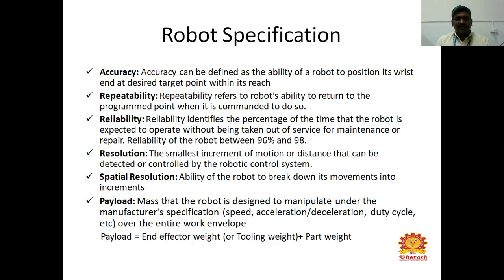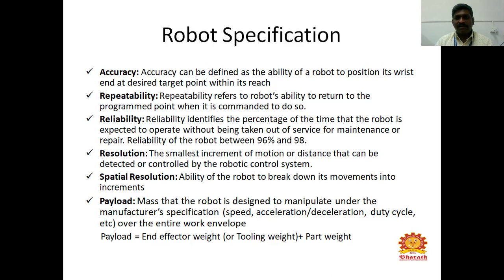Okay. Next is resolution. The smallest increment of motion or distance that can be detected or controlled by the robot control system. That is called the resolution. That means when we give some movement from one point to another point, how small an amount can it reach? For example, 1 centimeter resolution means it can move 1 centimeter, 2 centimeters, 3 centimeters like that.